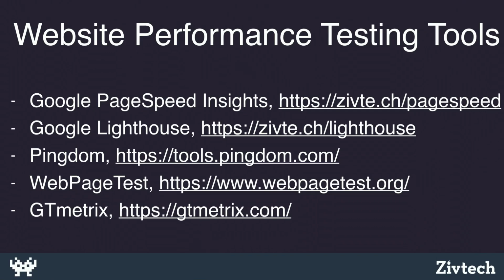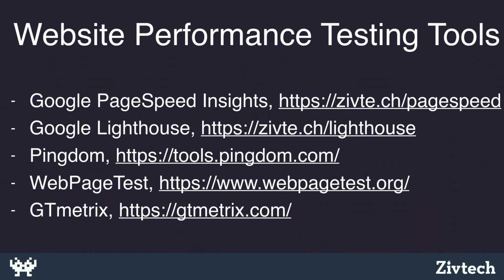With PageSpeed Insights, you basically plunk in the URL of the site and run tests, and it'll come back with a set of optimizations that you can make to your site for both mobile and desktop. And it gives you a score so you can see how you're doing. So you really want to get the highest score you can on that to ensure that your page load times are something that Google likes.